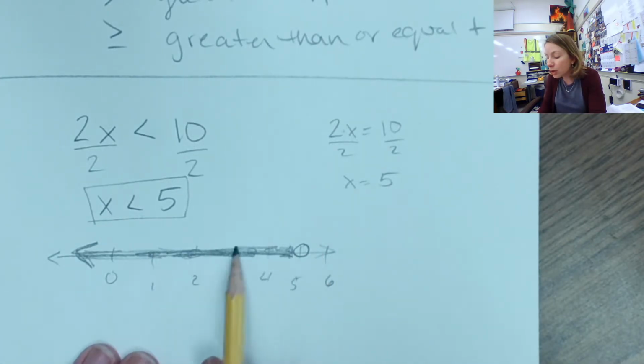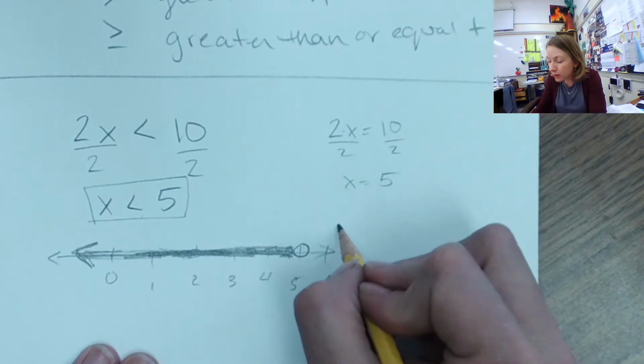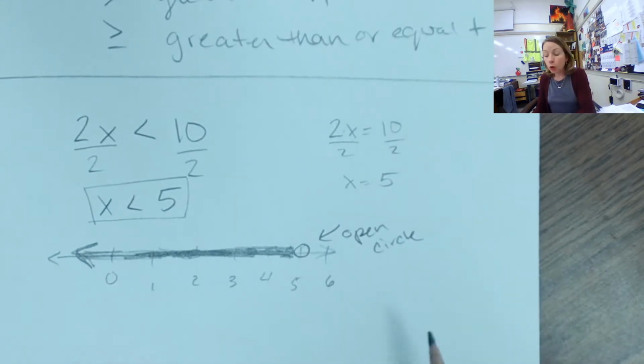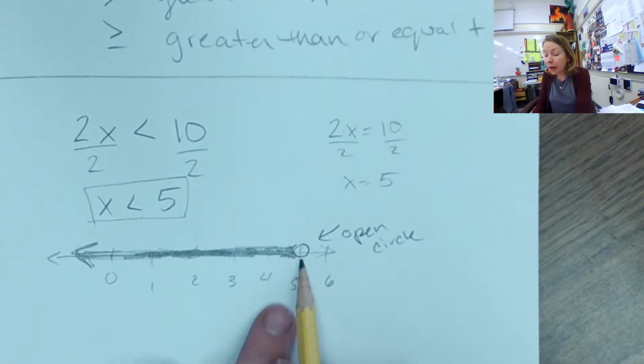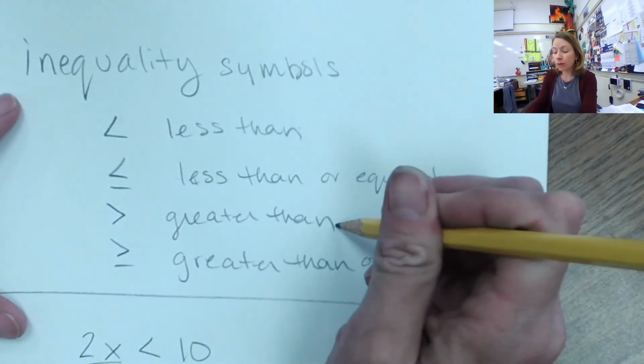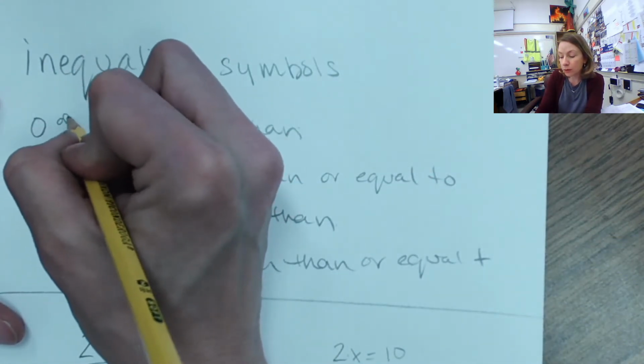The way that we show that is with an open circle. An open circle tells us that it goes all the way up to that point, but does not include it. So right here with less than or greater than, I'm going to put open circles.